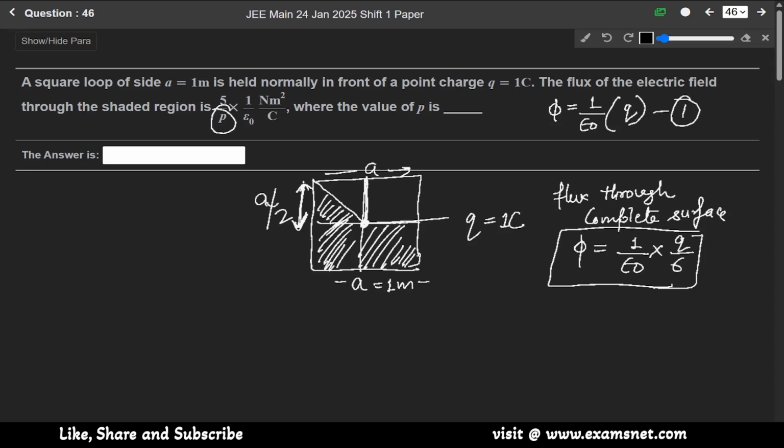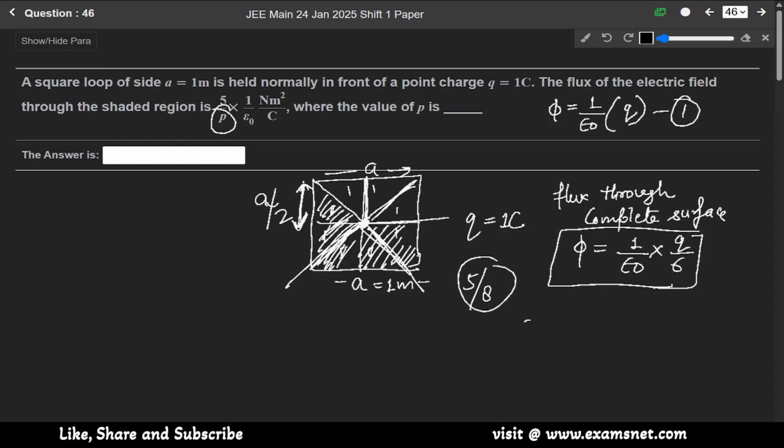Now let us divide this square into equal parts. Let us draw it like this. If we divide this square into 8 equal parts, 1 2 3 4 5 6 7 8, it means the shaded part is 1 2 3 4 5, that is 5 by 8 of this square.